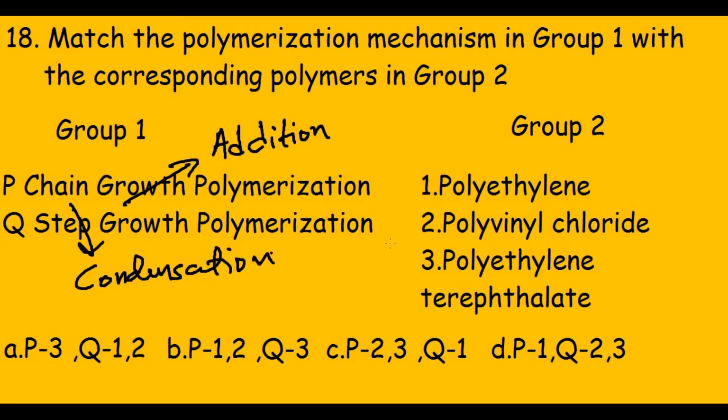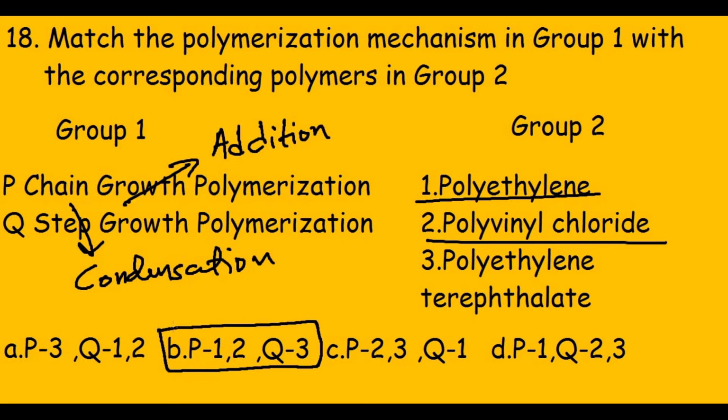Now we select the correct ones for addition polymerization. Polyethylene is addition polymerization. Polyvinyl chloride is also addition polymerization. So P will be 1 and 2. The option P1 and 2 is only this one, so this is correct.